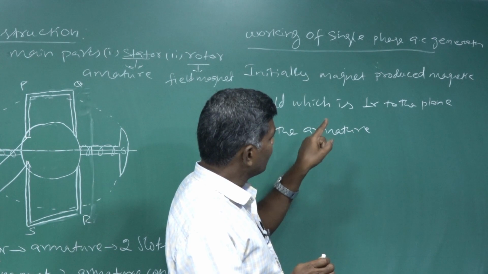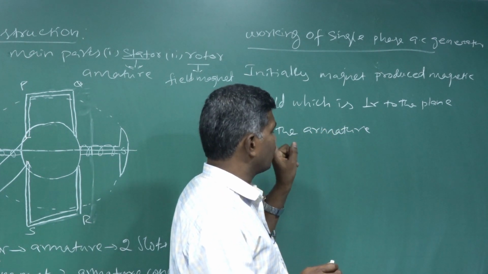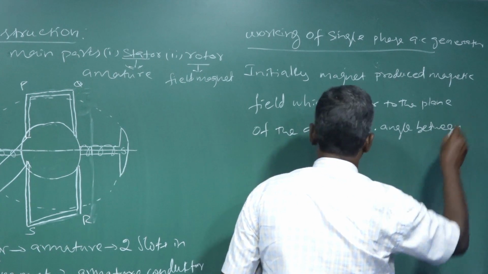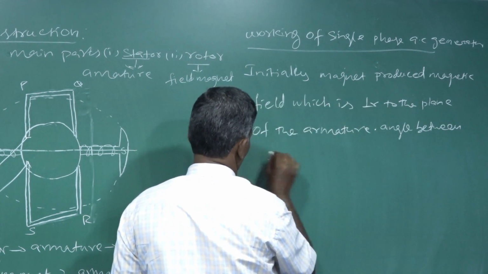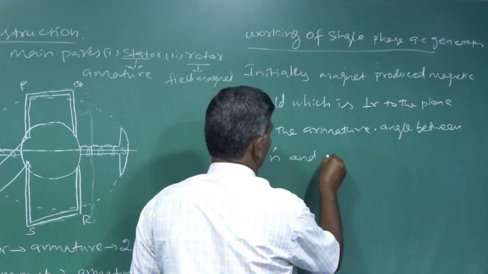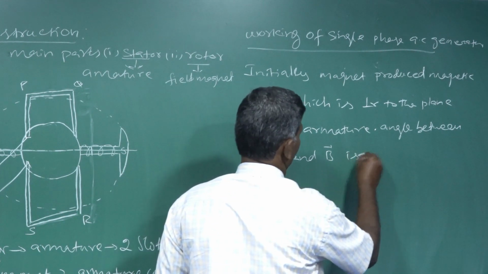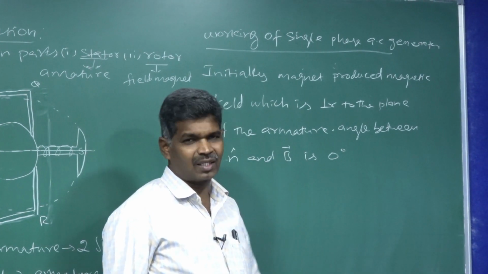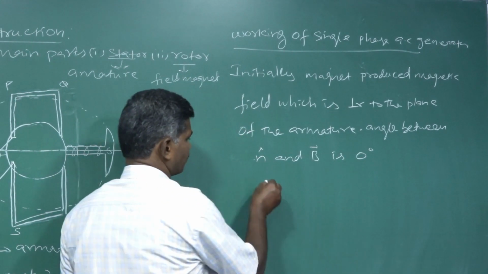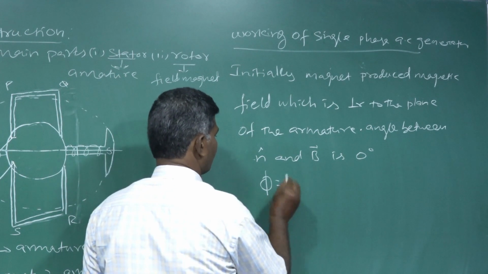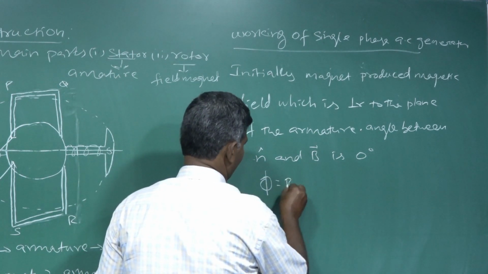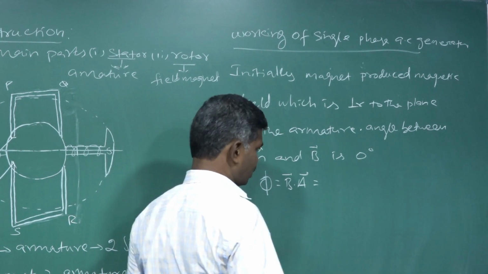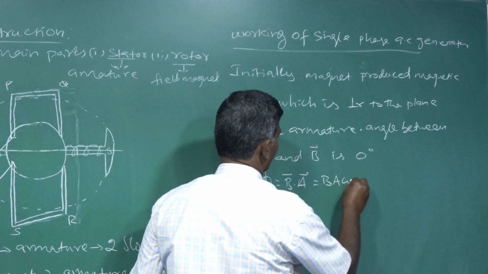Because the magnetic field is acting perpendicular to the plane of the armature, the angle between the normal n cap and the magnetic field is 0 degrees. So the flux linked with that circuit can be found from the flux equation: phi, the magnetic flux, is equal to B vector dot A vector, which in magnitude is BA cos theta.